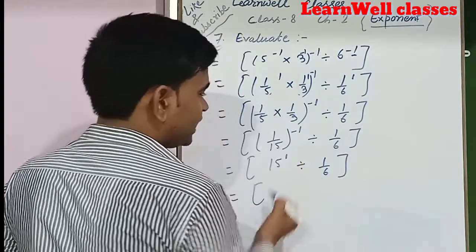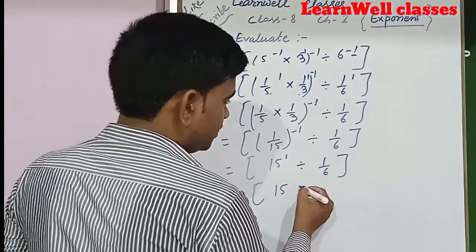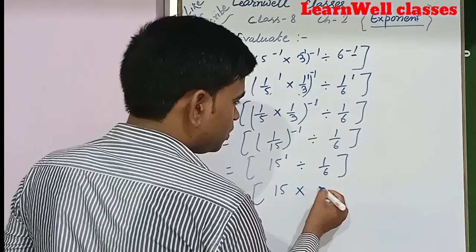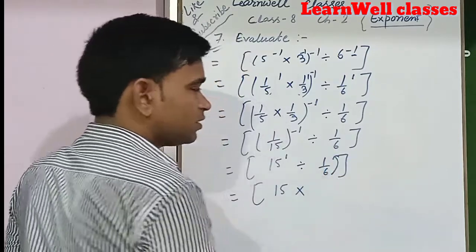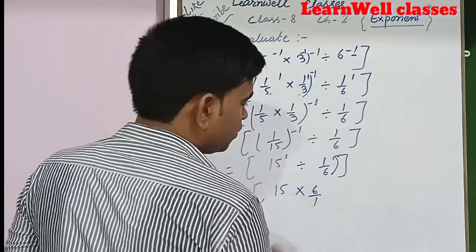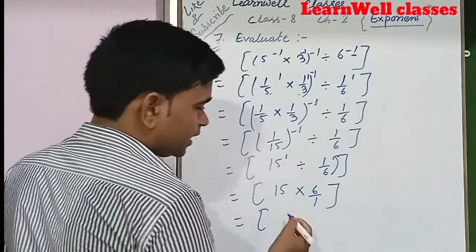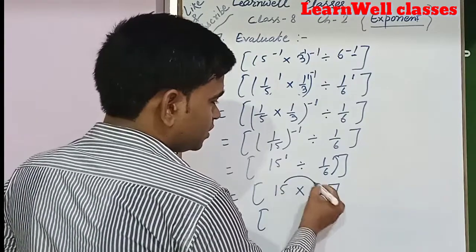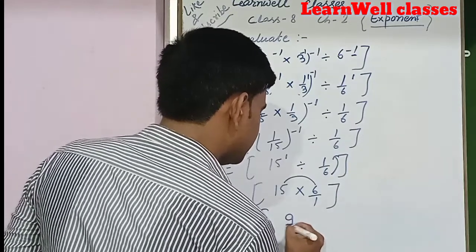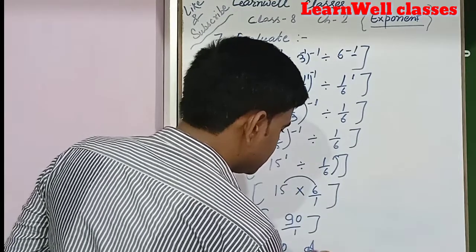When exponent is 1, we get the number 15. When divide changes to multiply, the 6 in the numerator goes to the denominator and the denominator goes to the numerator, so it is 6 upon 1. We do 15 into 6, which is 90 upon 1, so 90 is the answer.